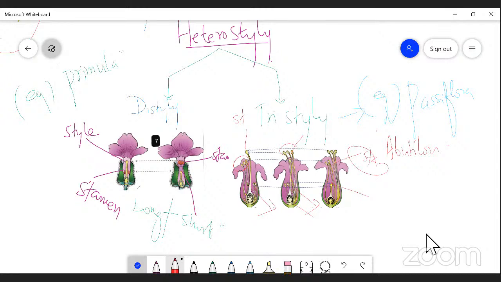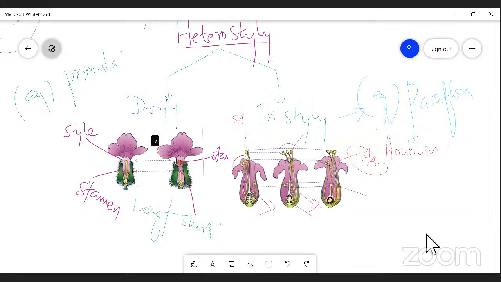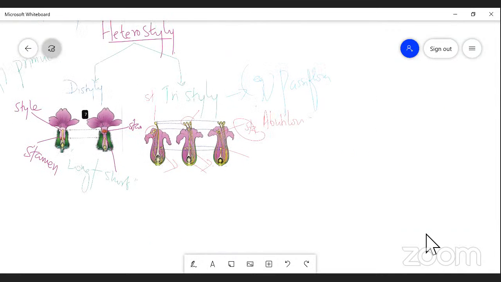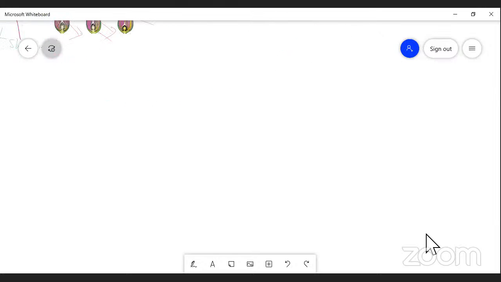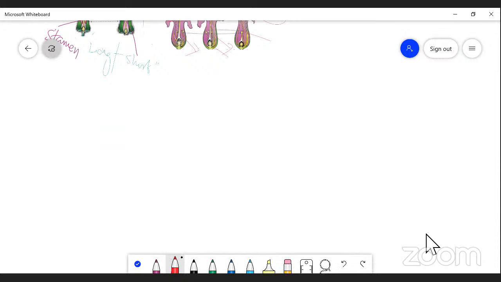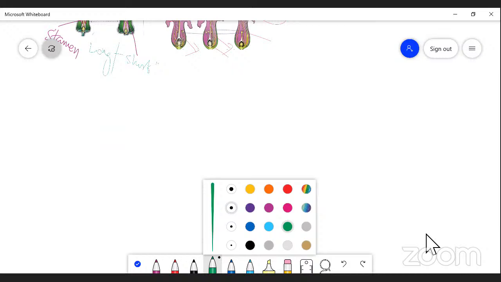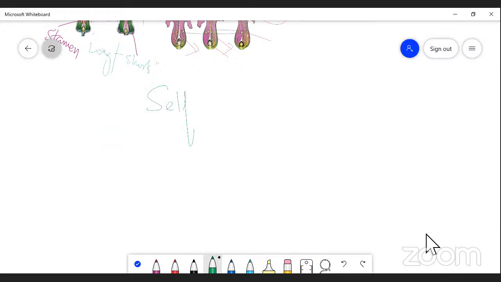And next we pass on to the last category. Students, it's a very interesting area. Please listen. That is self-sterility or self-incompatibility. Self-incompatibility means either androecium or gynoecium is unable to function.